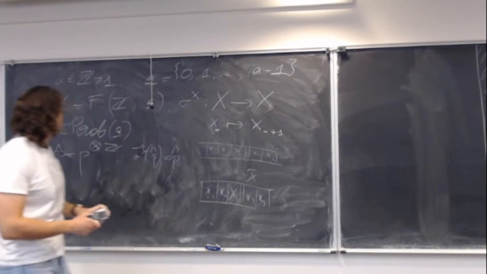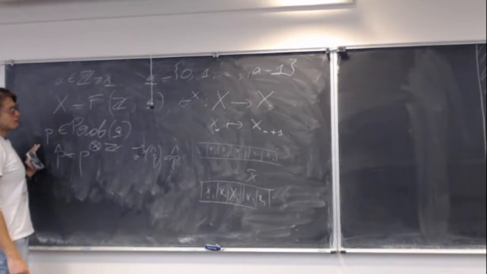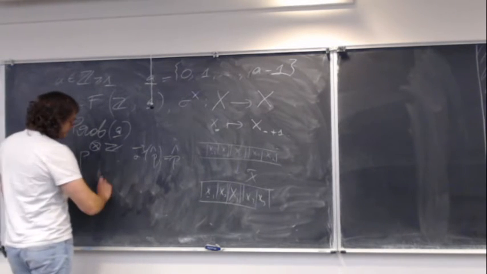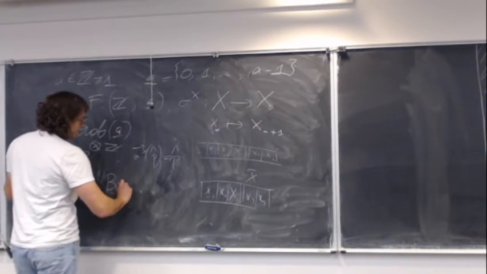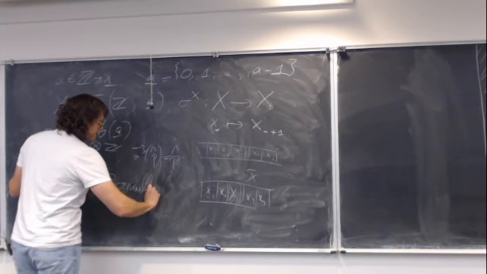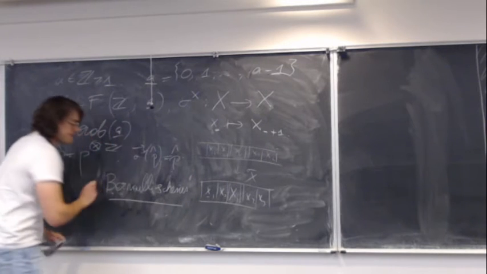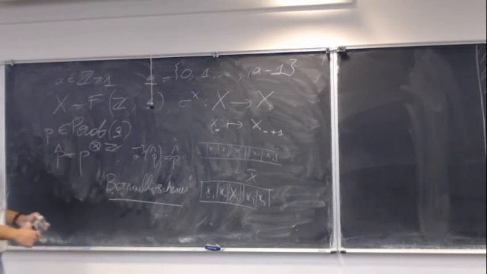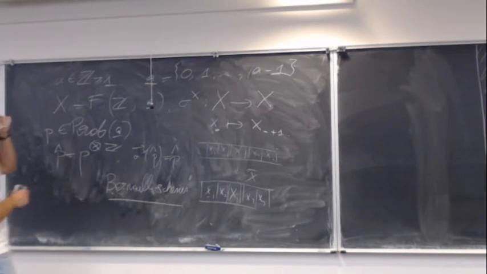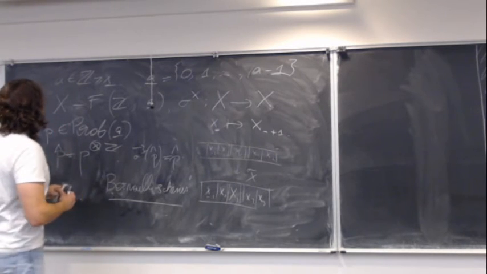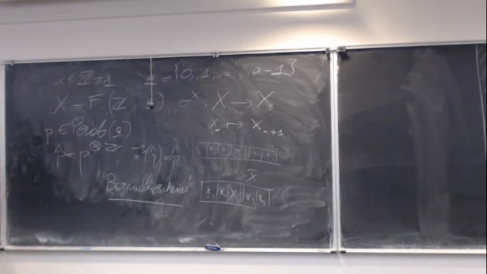We have a bunch of systems. And these are the so-called Bernoulli schemes. Okay, so this is the main subject of interest, at least for the purposes of my talks.